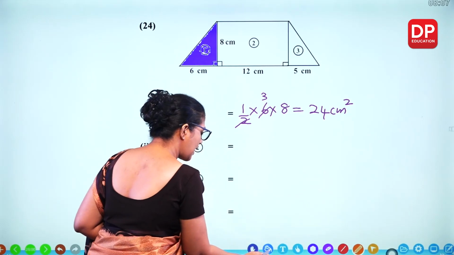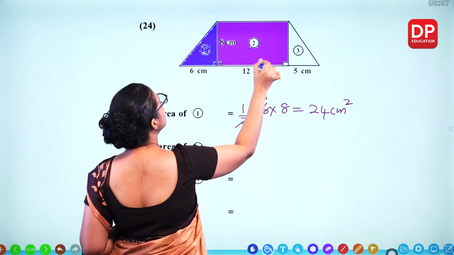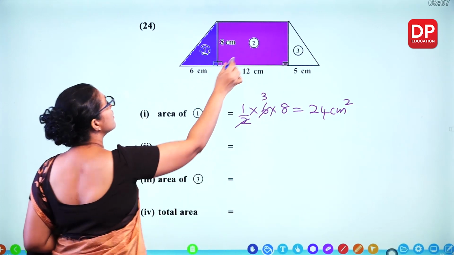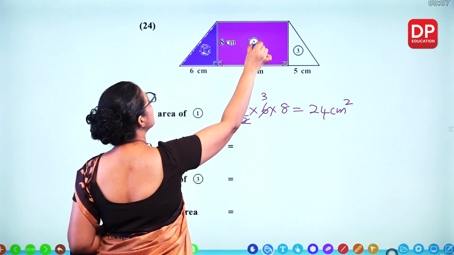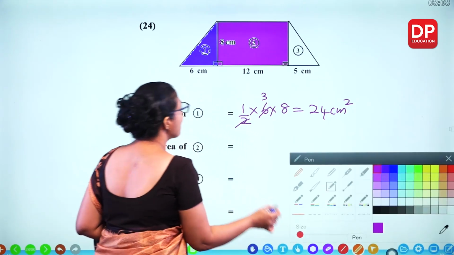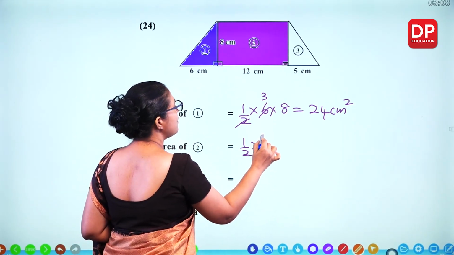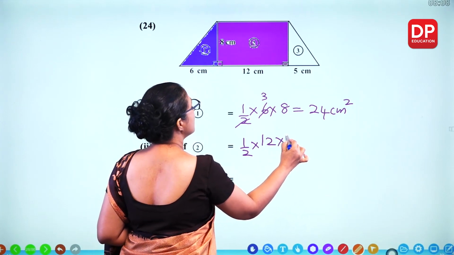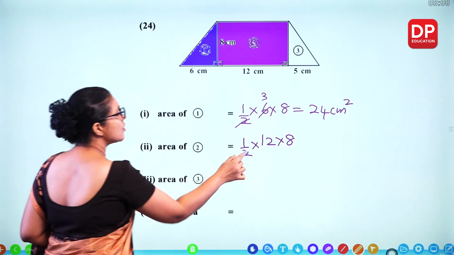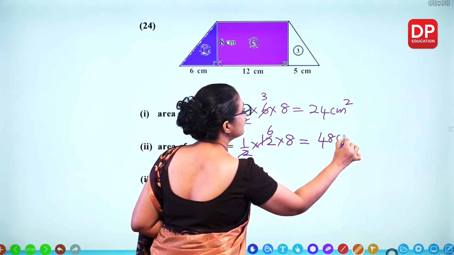What's the area of the second one? Second part. This one. What's the area? That's a rectangle. Length into breadth. Breadth is 8. 6 times 8, 48.